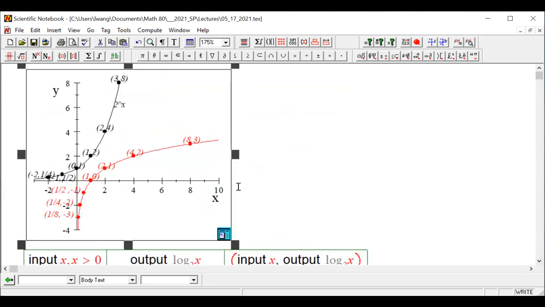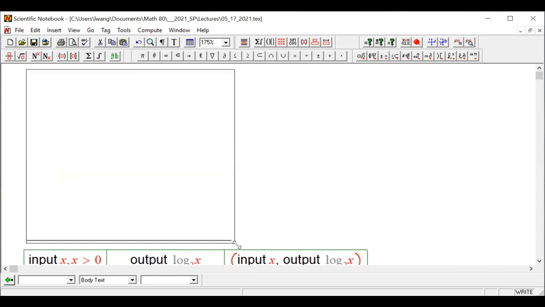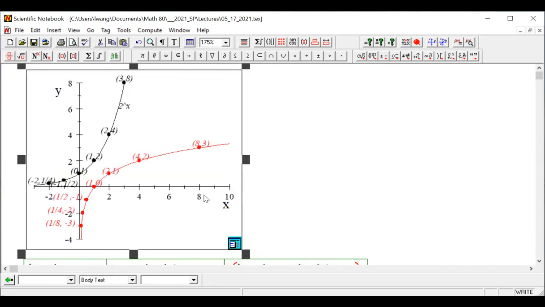Okay, now, as we get to this point, this is 2 to the power x, this is log base 2 of x. So I'm going to write it down using color.